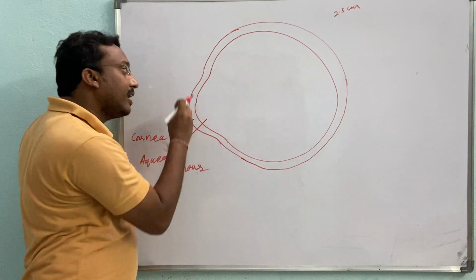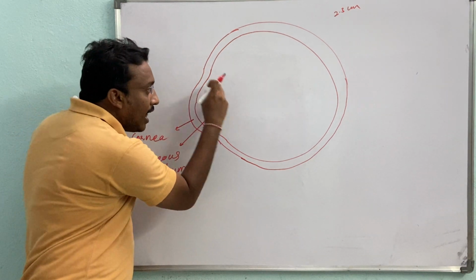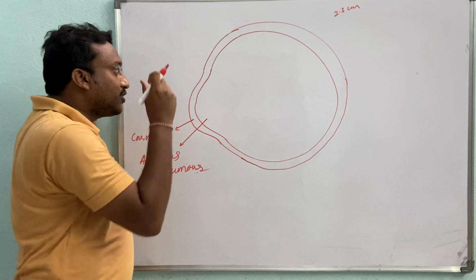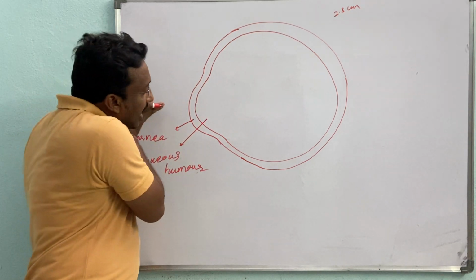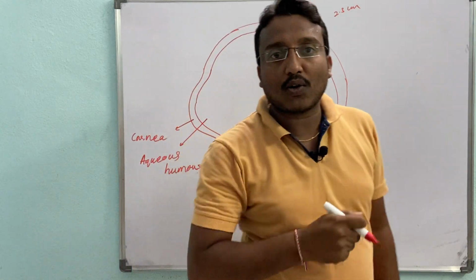It is a water-like saline liquid, and its function is to refract the light from the cornea.